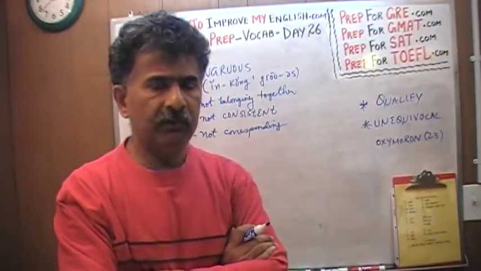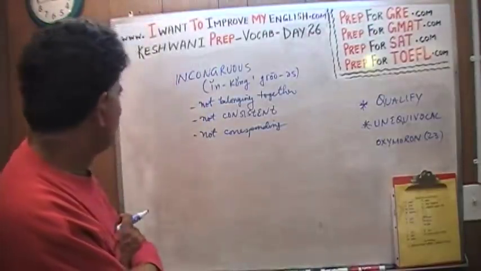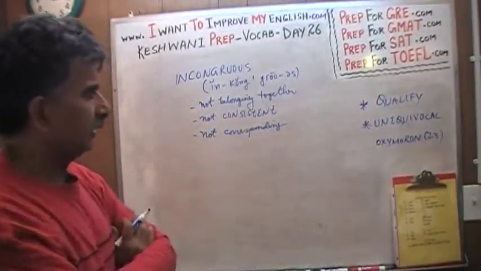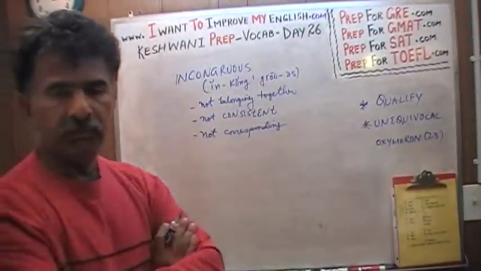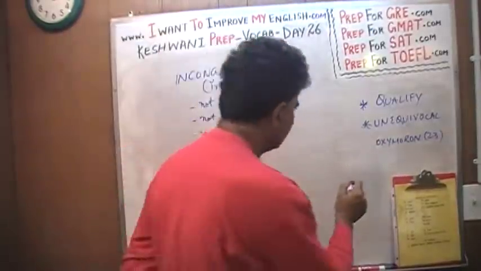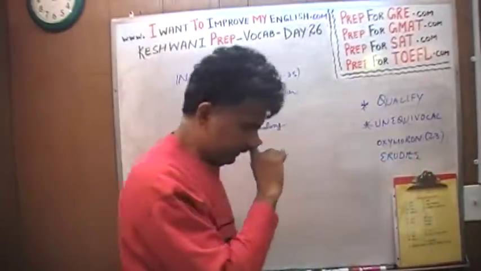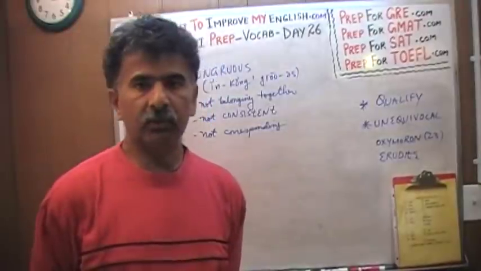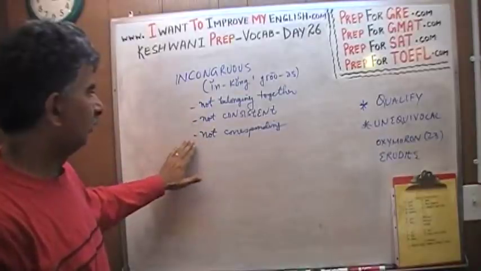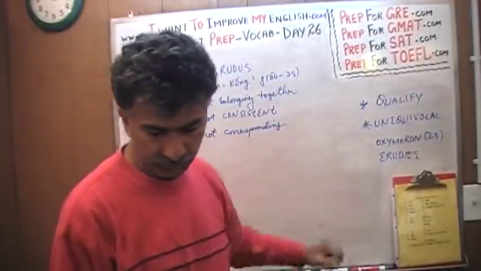Oxymoron is where you use two words which are inconsistent, which contradict each other, which do not belong with each other, which do not correspond with each other, and that's where the word incongruous cropped up, because the more erudite, more academic definition would be two incongruous words being used together. If you use them together, what you end up with is an oxymoron.